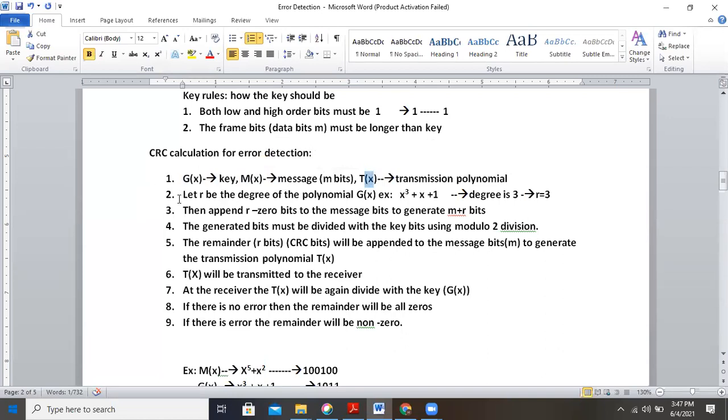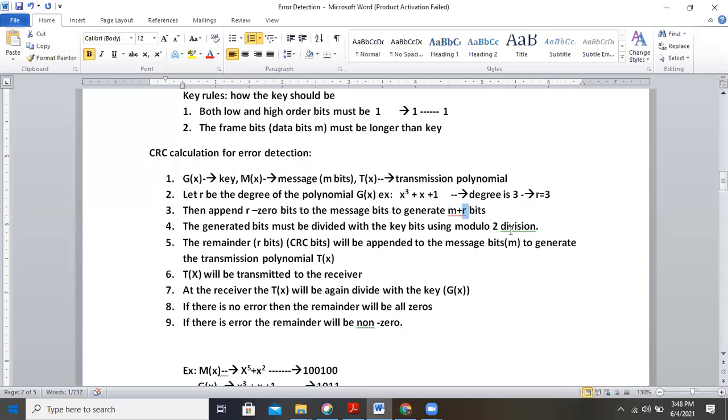Okay. So here are the steps, how do we calculate the CRC? First we need to identify the degree of the generator polynomial. If I take the degree as r, then we need to add r 0 bits. So if the message has m bits, then we add r additional 0 bits, generating m plus r bits. Okay.